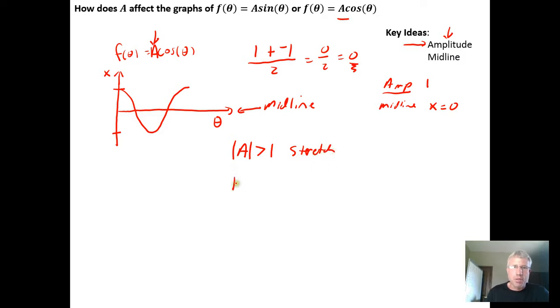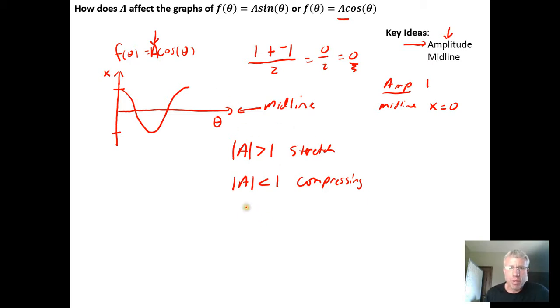And if the absolute value of a is less than 1, we're going to get a compression of the function. We don't have any horizontal or vertical shifts, so a is just going to stretch or compress our toolbox function by a factor of a.